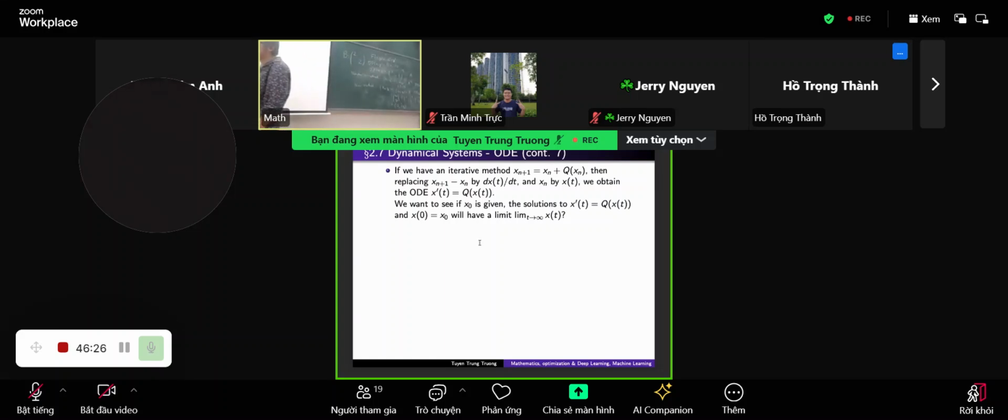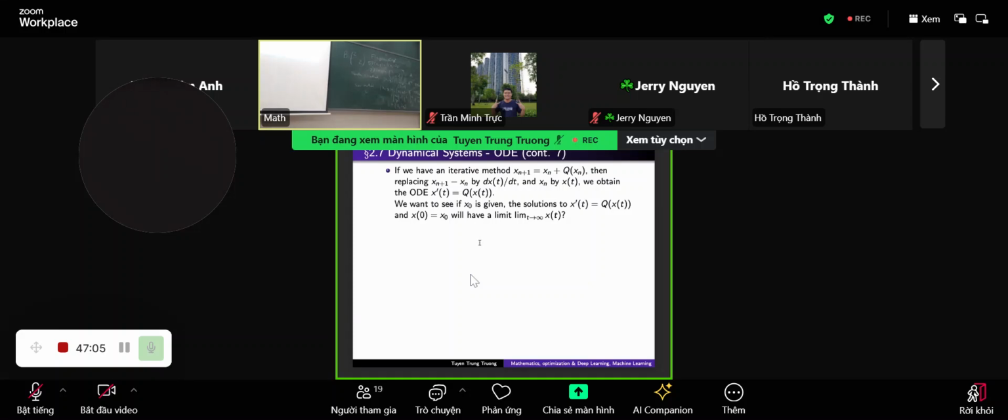For example, if you have an iterative method like x_{n+1} = x_n + u(x_n), you can replace n by t and treat x_n like a function x(t), and x_{n+1} - x_n becomes dx/dt. So you have a corresponding ODE, x'(t) = u(x(t)). This is called a flow.